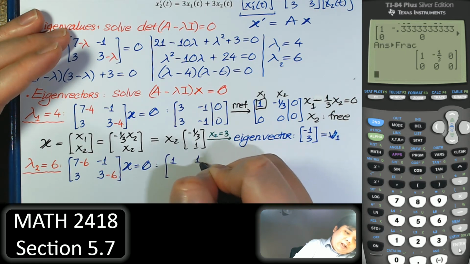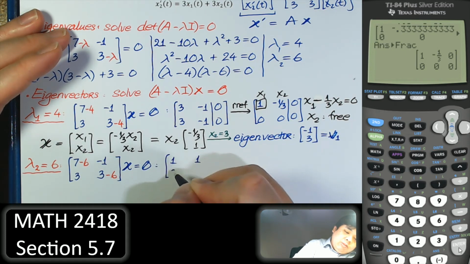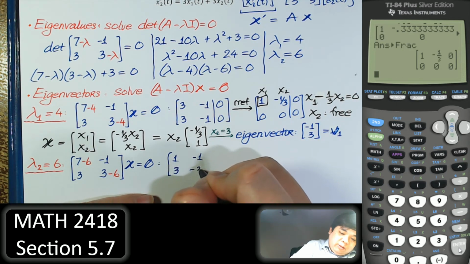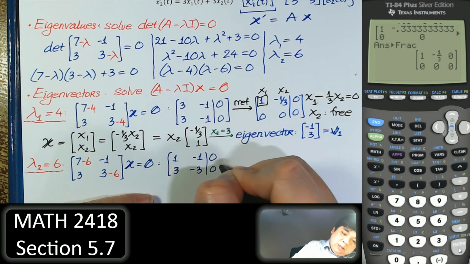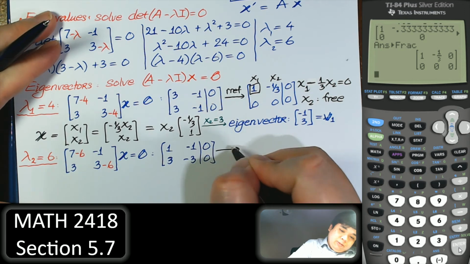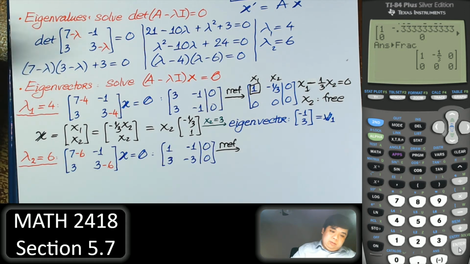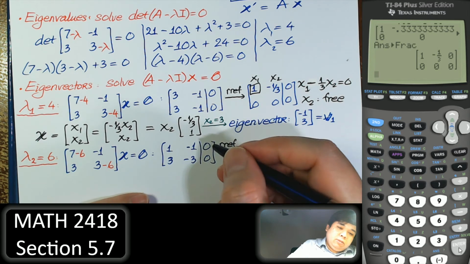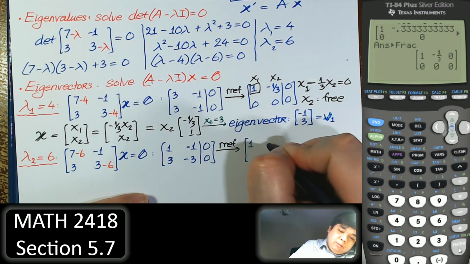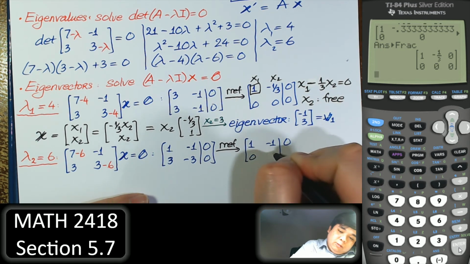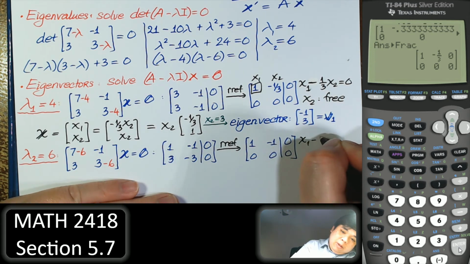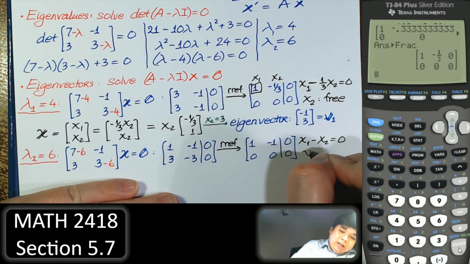Keep it 1, 1, 1, negative 1, 3, negative 3, and reduce to echelon form. We should have that where we have x1 minus x2 equal to 0 and x2 is free.